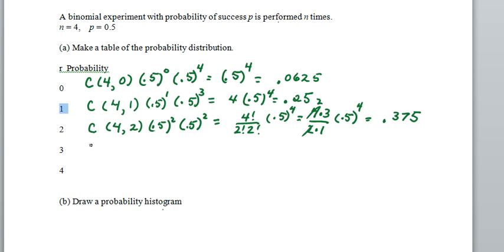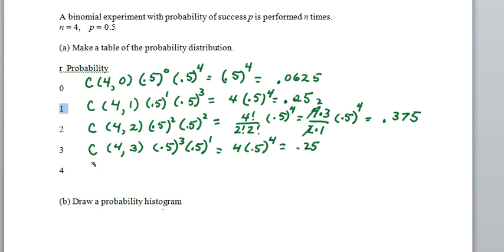Now, the probability for the 3 here is going to be the combination of 4 things where 3 are selected, times 0.5 to the 3 times 0.5 to the 1. This is going to give us again 4 times 0.5 to the 4th, which is 0.25.